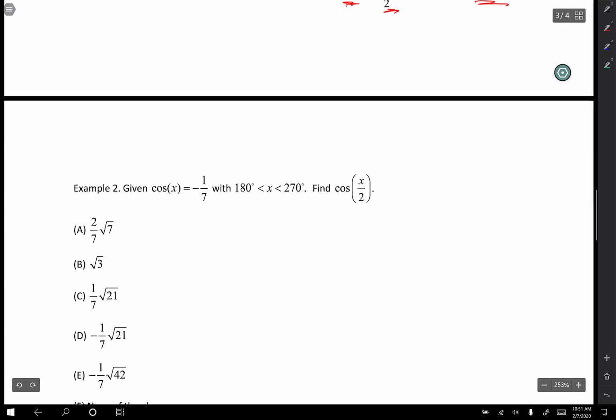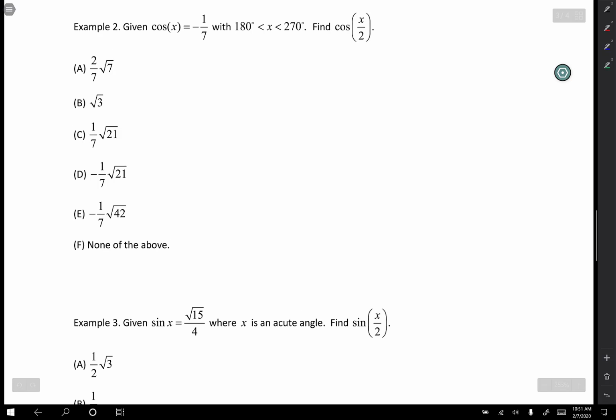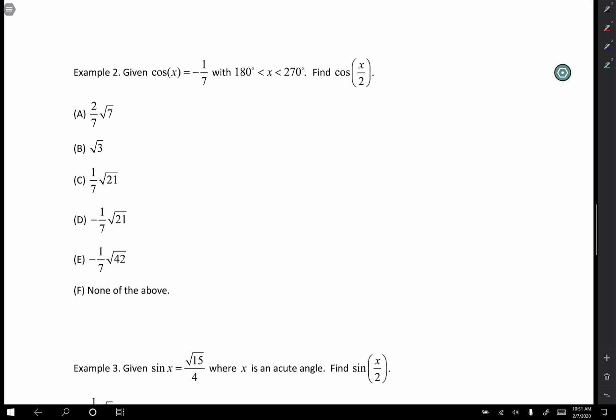Let's keep going. These are the type of questions you're going to see online, and if you would have gone to Houston, you probably would have seen one of these on a Saturday. So here we go, guys. We can do this without a calculator. If you're a smart test taker, the first thing I would do is note that angle x over 2 falls between 135 degrees and 90 degrees.